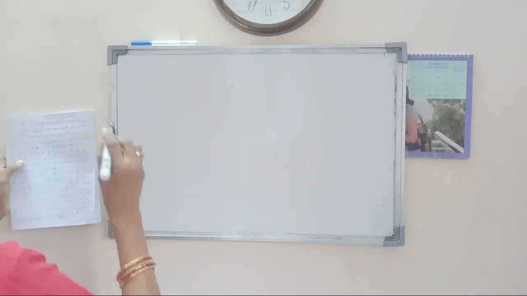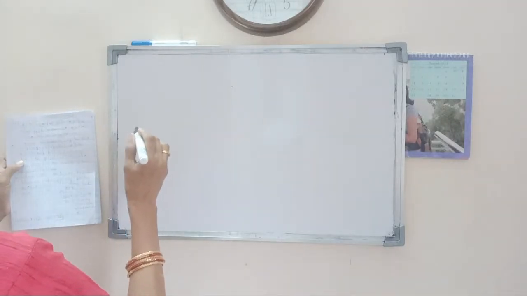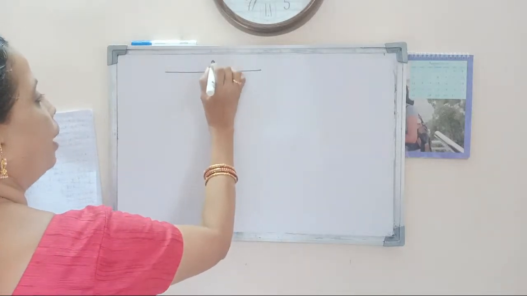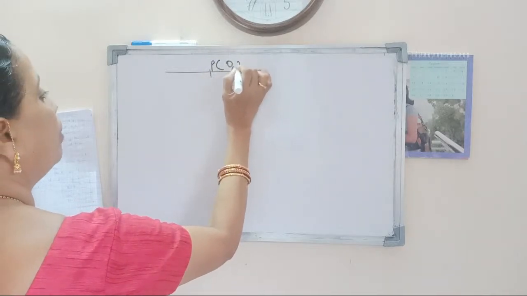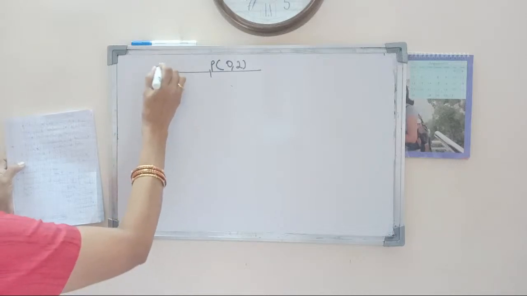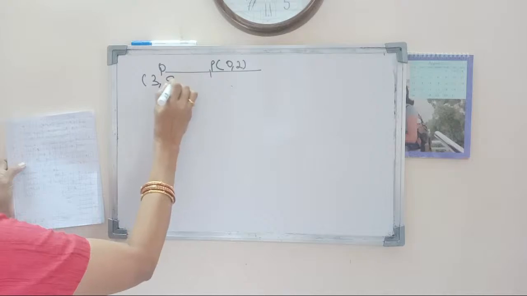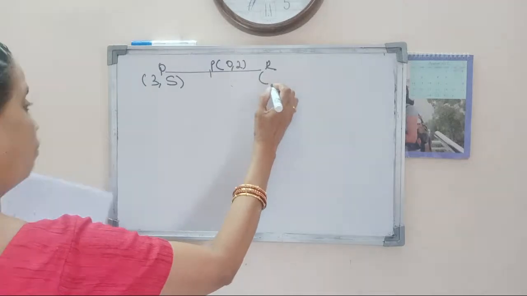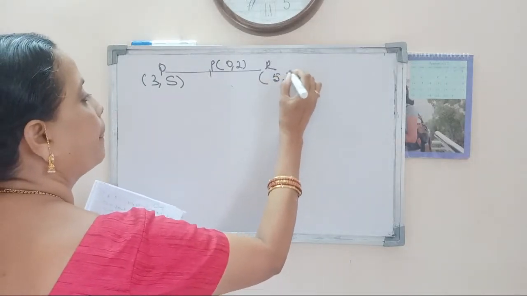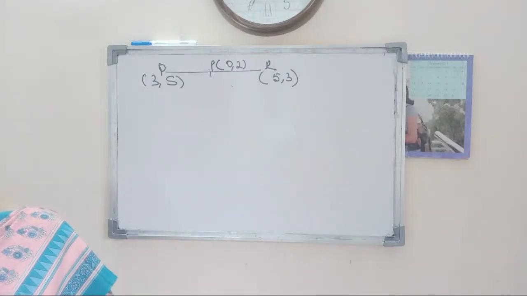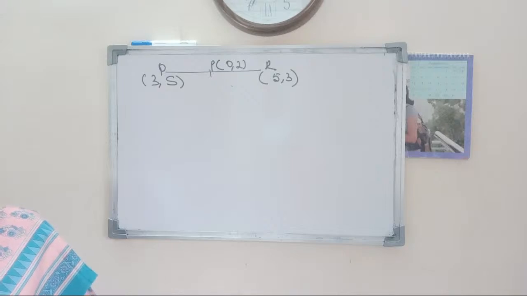Find the value of y if the point P 0, 2 is equidistant from 3, 5 and 5, 3. 3, 5 and 5, 3, I think it is 3.